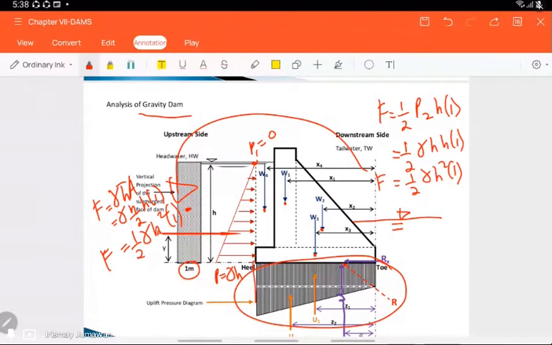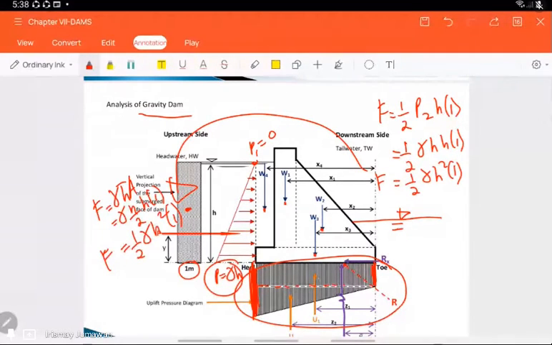Okay, so here, whatever the hydrostatic pressure is, is also equal to the uplift pressure at that point and also at this point. So that is also equal.